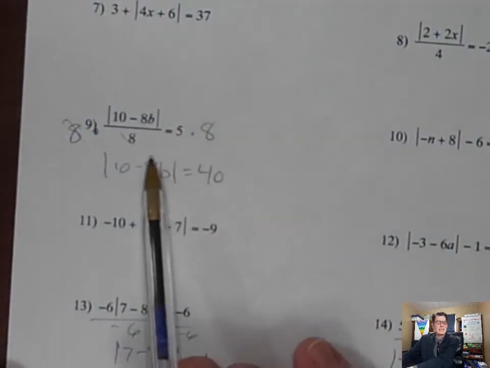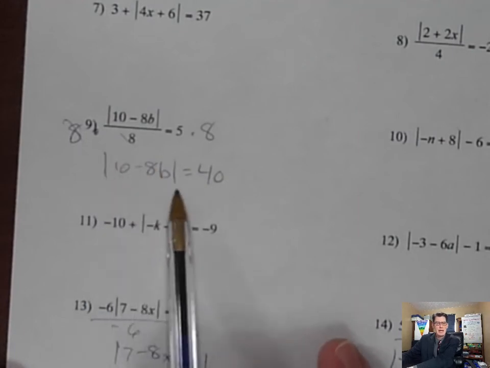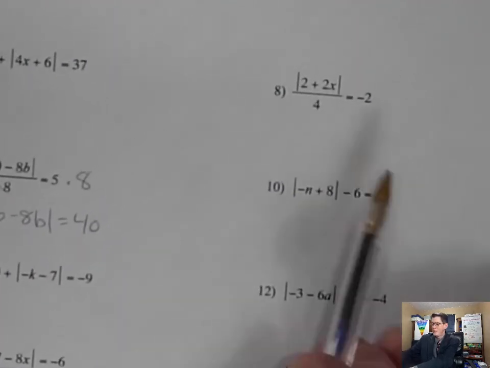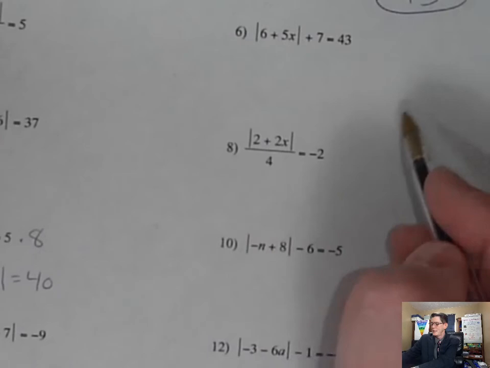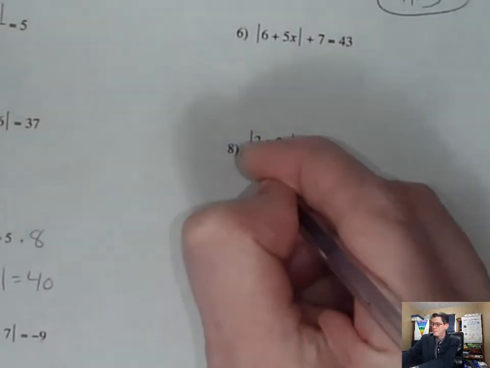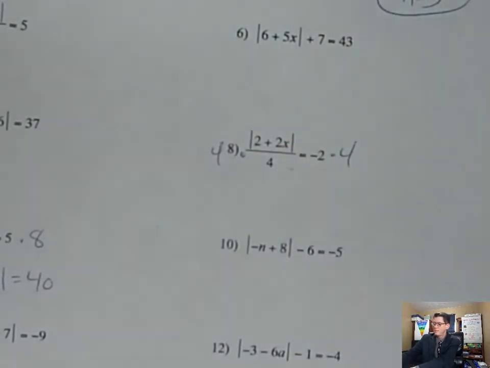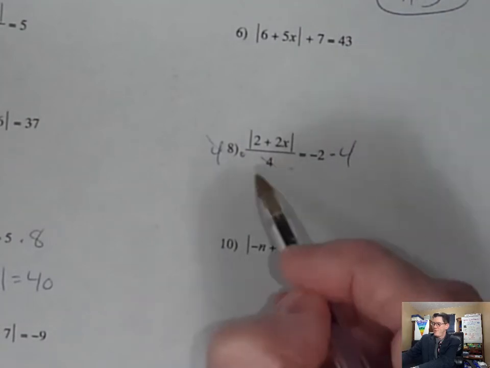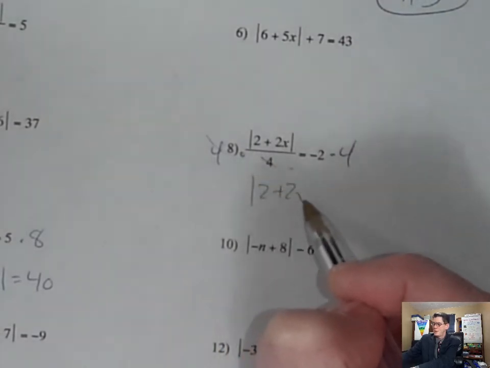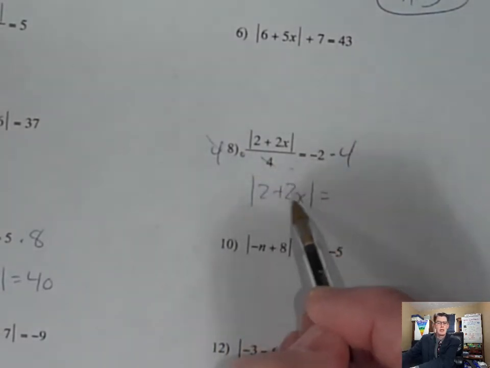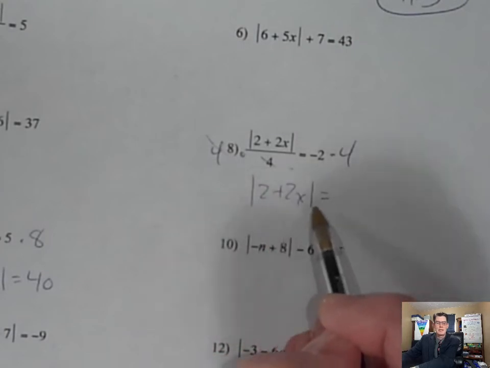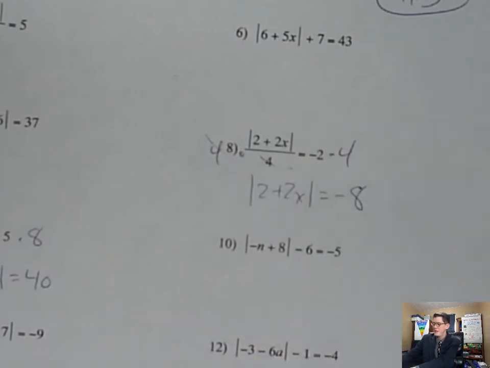And isolating, we'll say, isolating the absolute value. Same thing over here. If you times both sides by 4, 4 divided by 4 is 1. So this side of the equation is now all the absolute value isolated is -8.